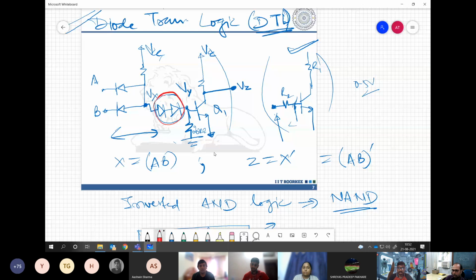Clear? So now from the experiment, actually I wanted to share something.